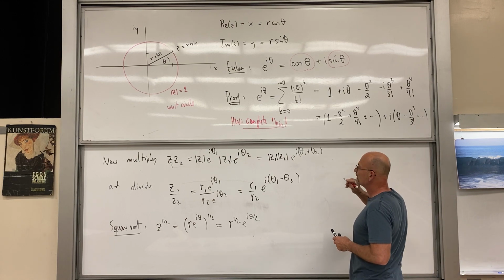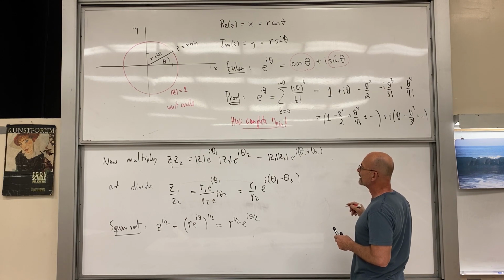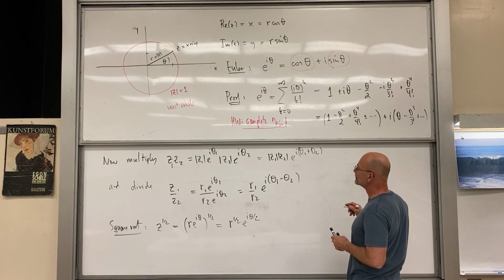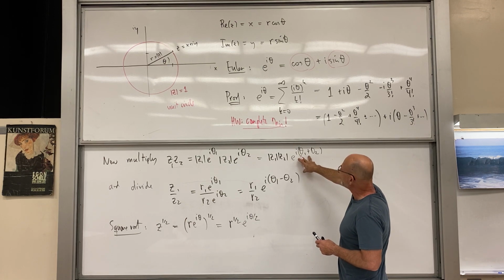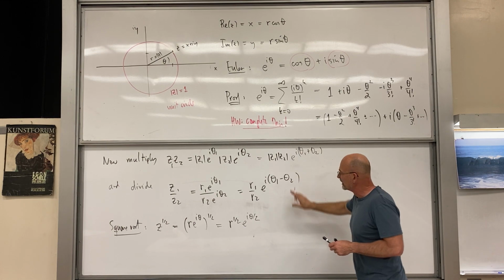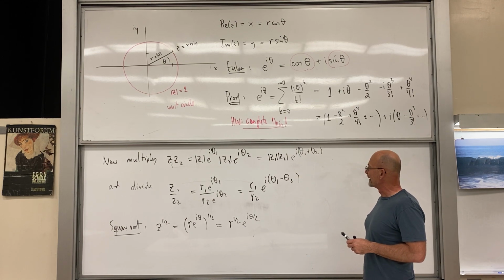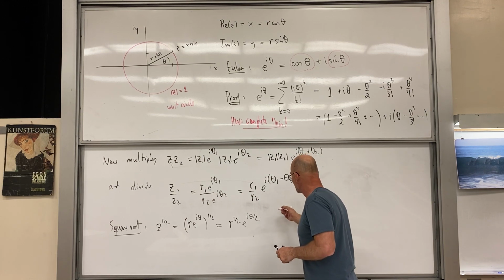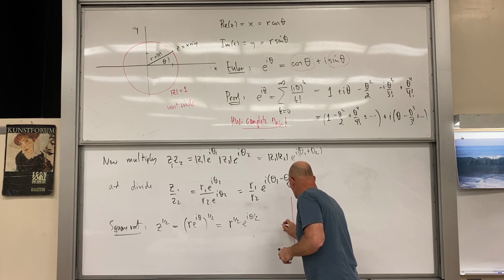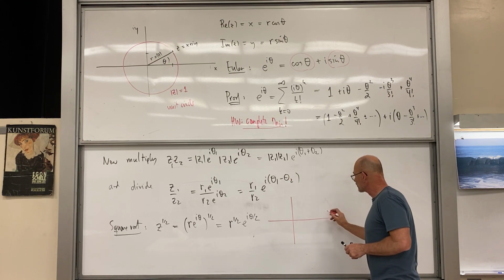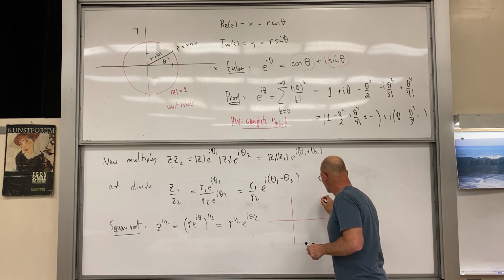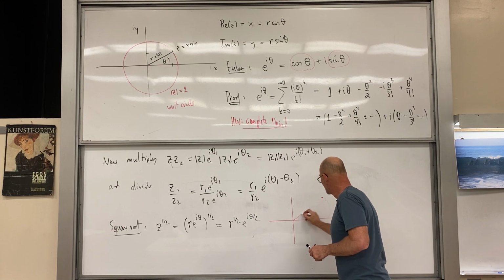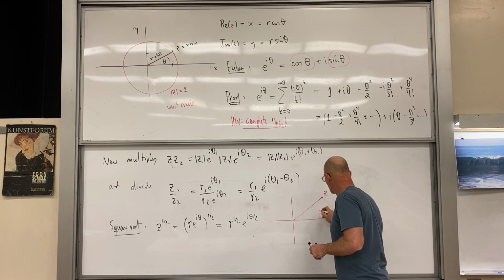Here we had adding the angles, subtracting the angles. In particular, actually, let me just look at this one here. So we want the square root of some number z here.